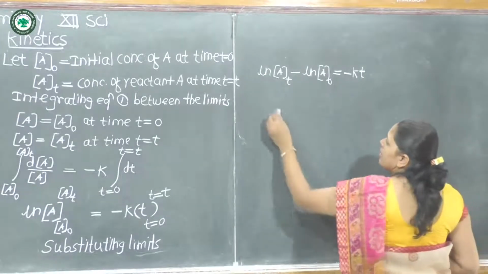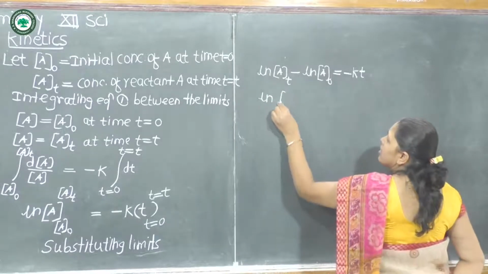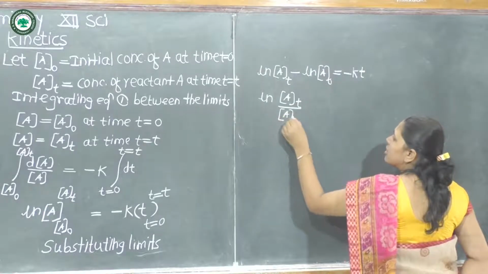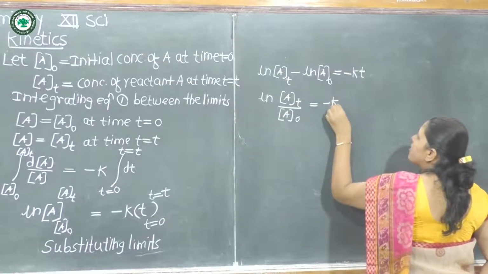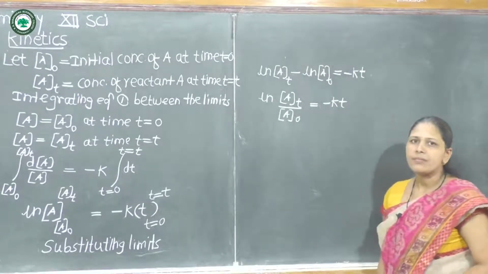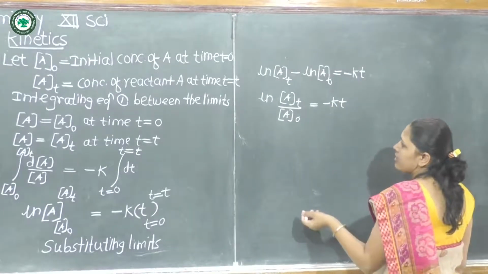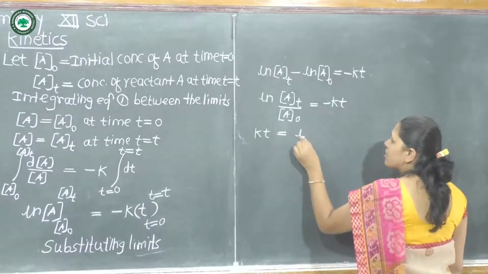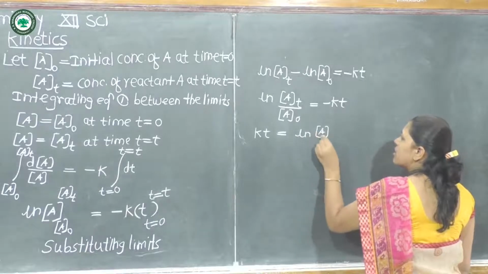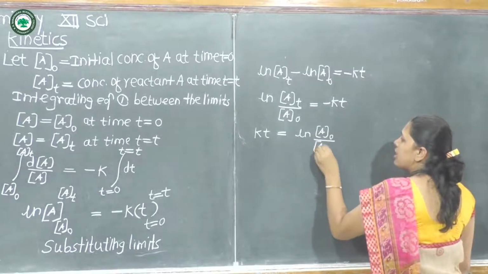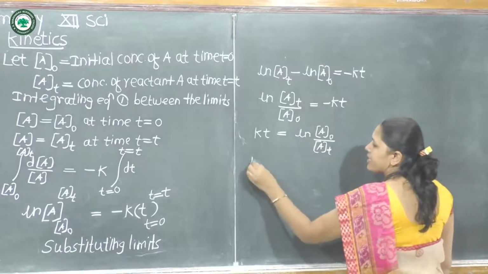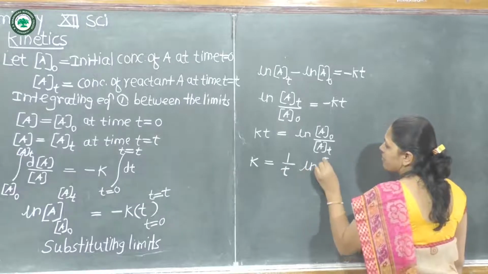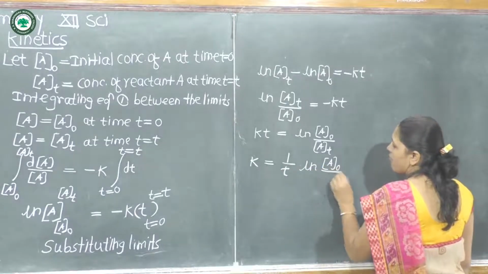Then by rearranging, ln of At upon A0 is equal to minus Kt. Then again simplifying this equation, Kt is equal to ln of A0 upon At, and K is equal to 1 upon t ln of A0 upon At.